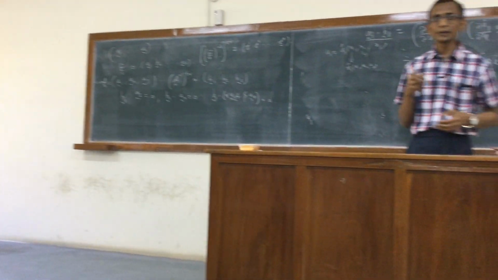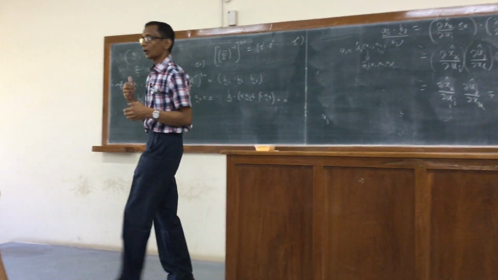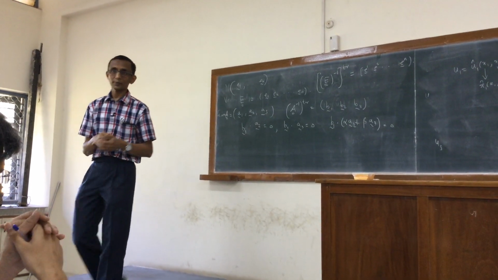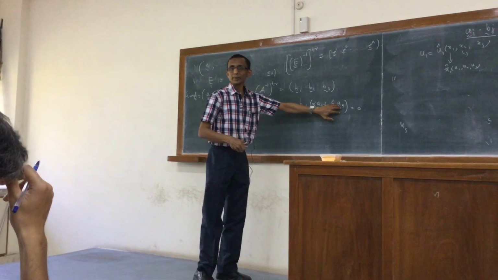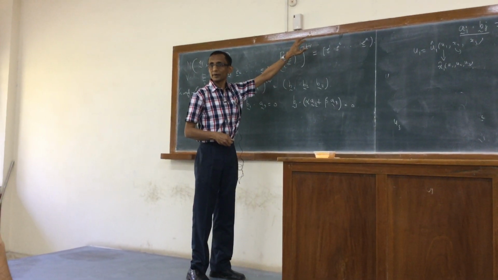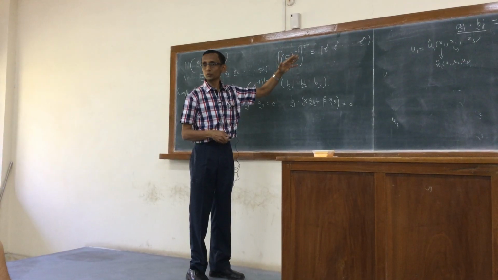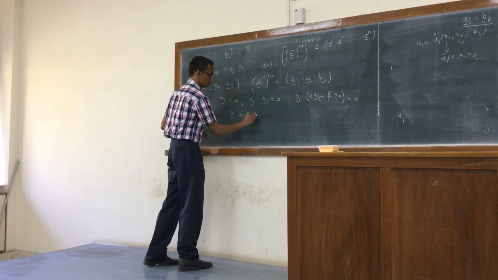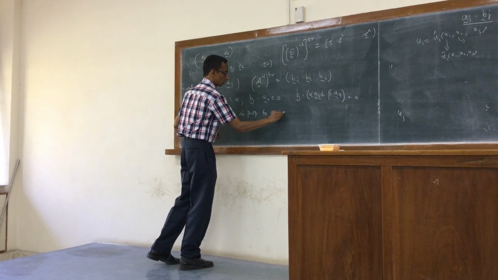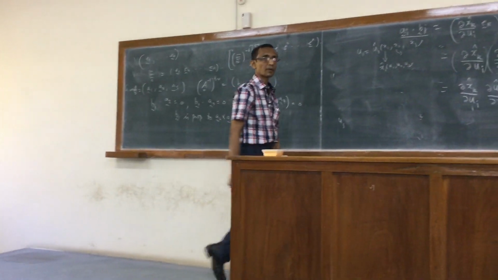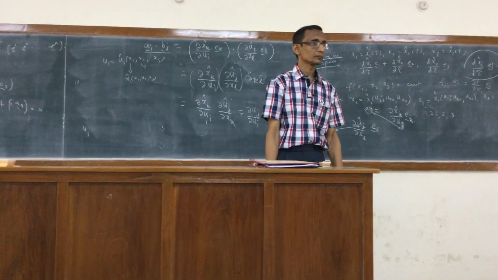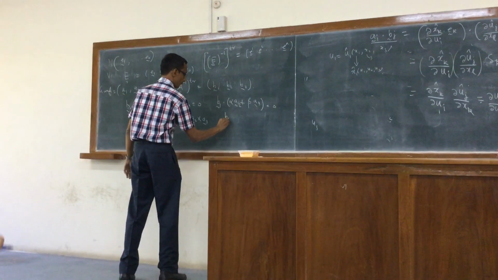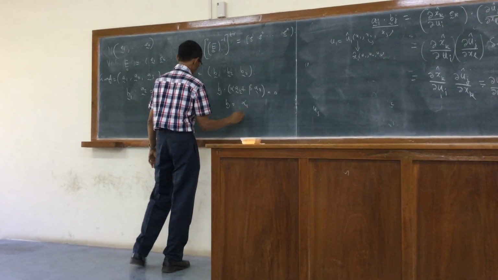We have seen another vector earlier which is normal to the plane of A2 and A3: the cross product. Since A2 cross A3 also gives a vector in the direction normal to the plane of A2 and A3, I can conclude that B1 is proportional to A2 cross A3. So I can write B1 is equal to, let's say, some constant alpha 1 times A2 cross A3.